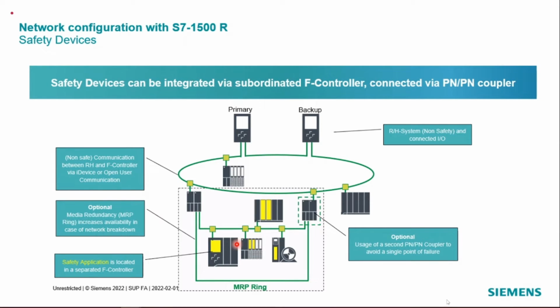That will also work. There is another option: with two PN/PN couplers, this is optional, not mandatory, but if the customer wants higher availability, we can have two PN/PN couplers and make a ring in between, and this will give more availability.